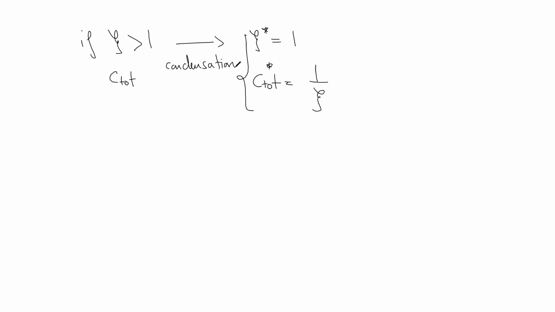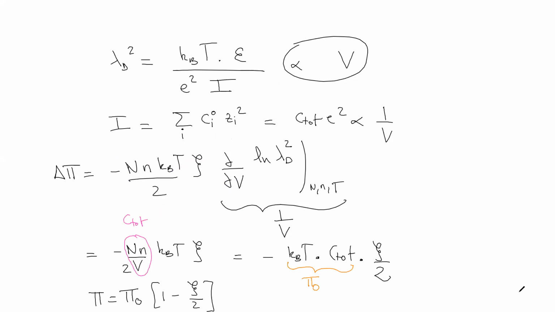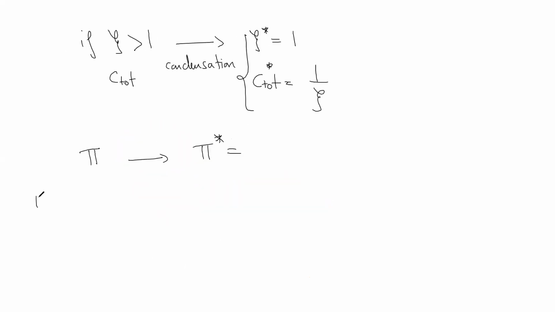All right, so we could ask the question, then what does pi become? So it becomes a pi star, which is what, well, just replace. Let's take this expression here. Pi is kBT times C dot times 1 minus psi over 2.